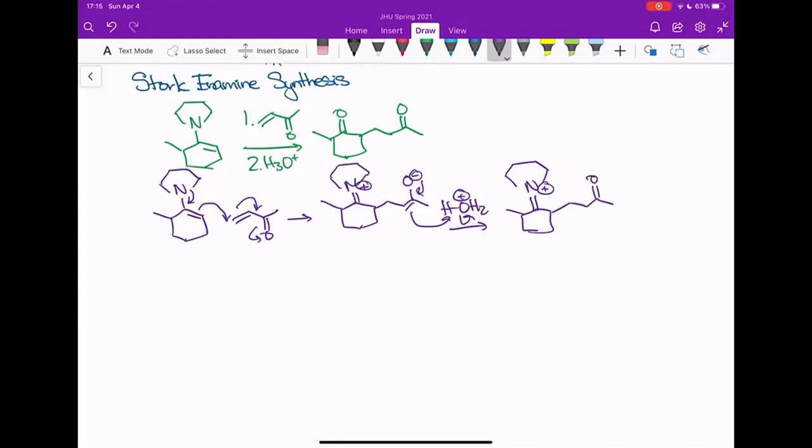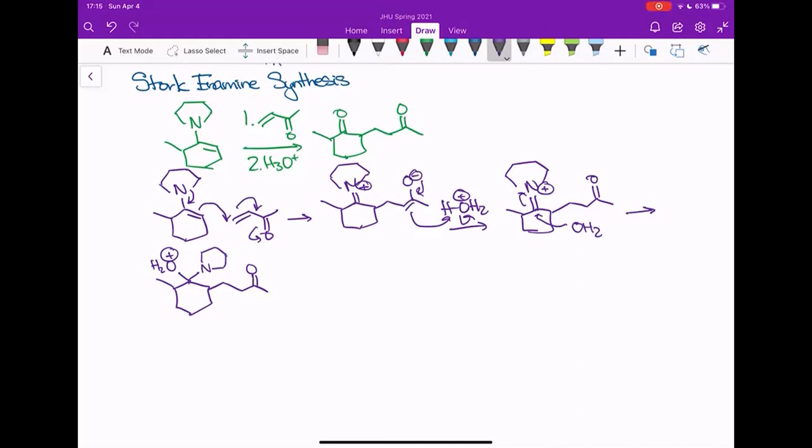Since our nitrogen is still positively charged, we're going to attack with water to send those electrons back up. Okay. And then from here, we have an idea of where we want this mechanism to go. So we know that our product is going to be that 1,5-dicarbonyl, with the enamine carbon replaced as a carbonyl.